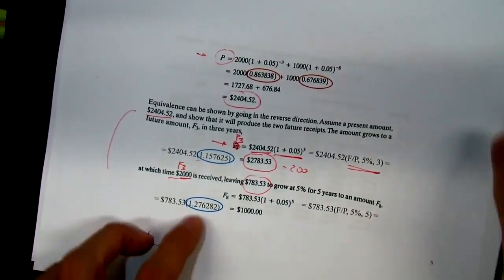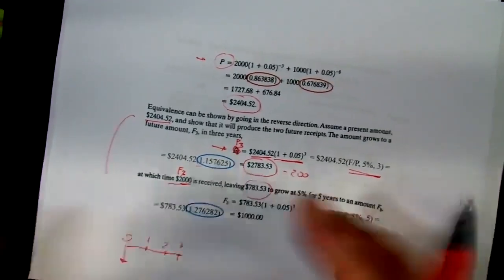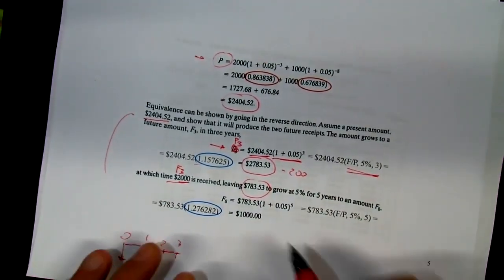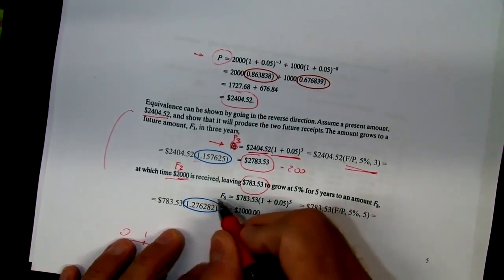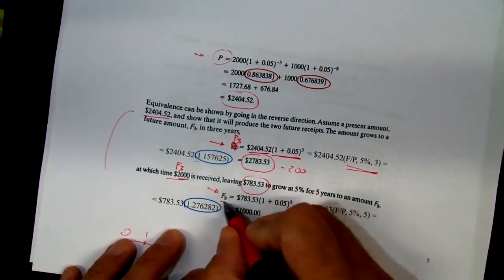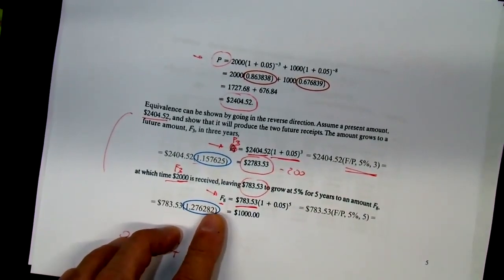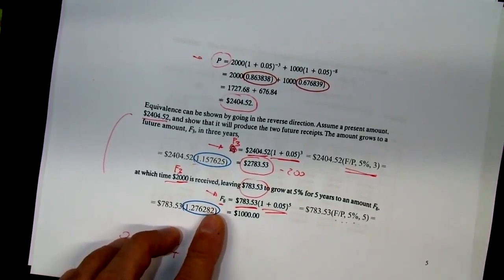We know that we need to withdraw $1,000 after 5 years from that point, which is from the 3rd to the 8th. So in order to verify that, your F8, which in this case is appropriate to leave as F8, will be your current amount in the bank multiplied by the factor (F/P, 5%, 5).